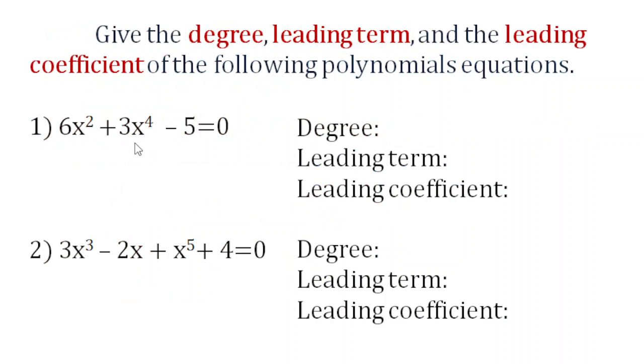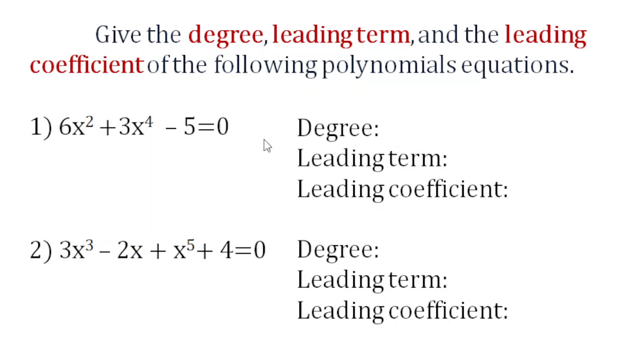Okay, the next terminologies that we have to learn here are degree, leading term and leading coefficient. So I have here two polynomials, 1 and 2. We are going to identify the degree, the leading term, and the leading coefficient.